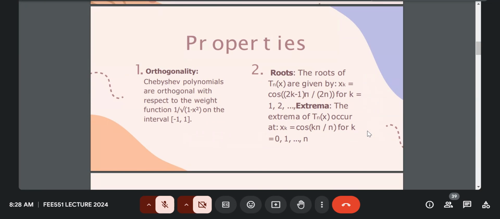So properties of Chebyshev. You have orthogonality, roots and extrema.